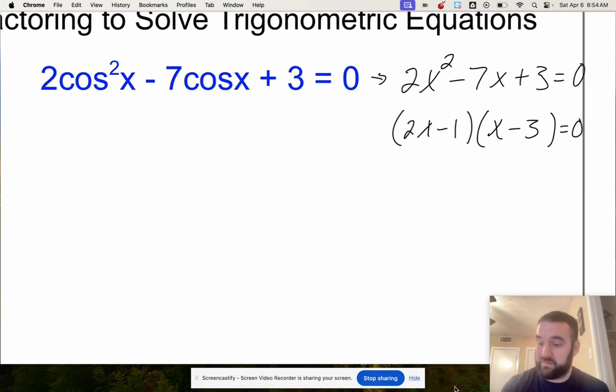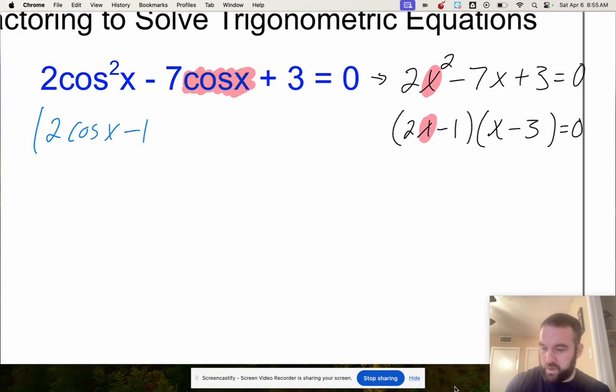How does that help us? Well, instead of seeing x here, I'm going to replace it with cosine x, because that's effectively our variable. So this becomes 2 cosine x minus 1 times cosine x minus 3 equals 0.